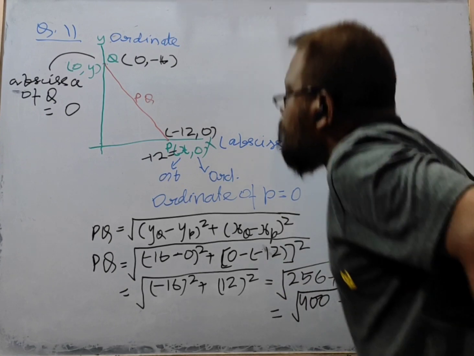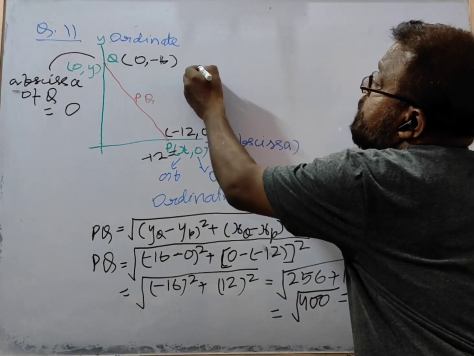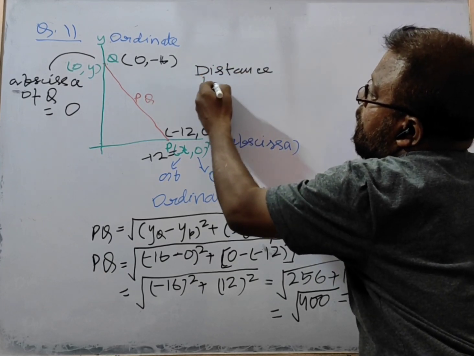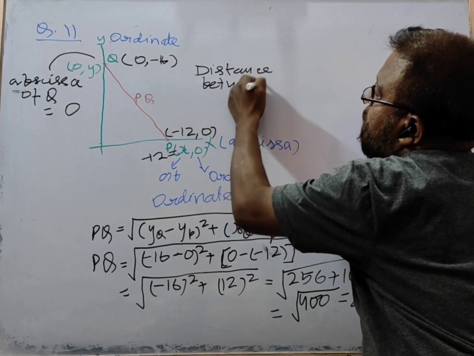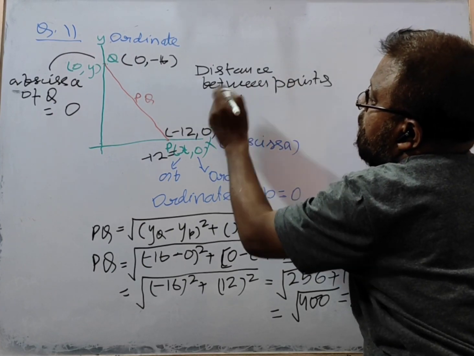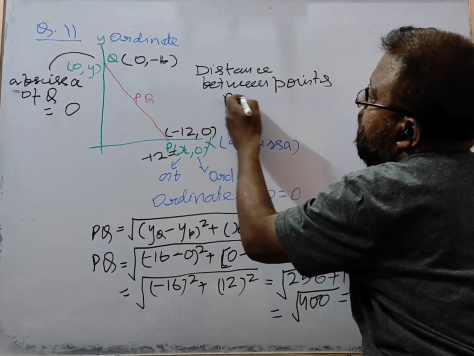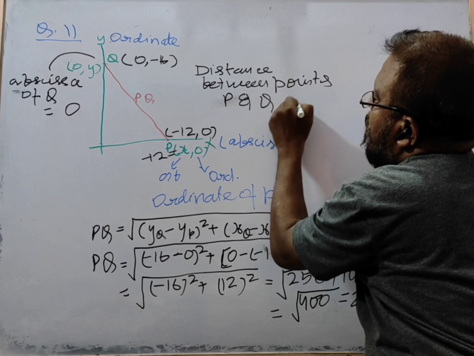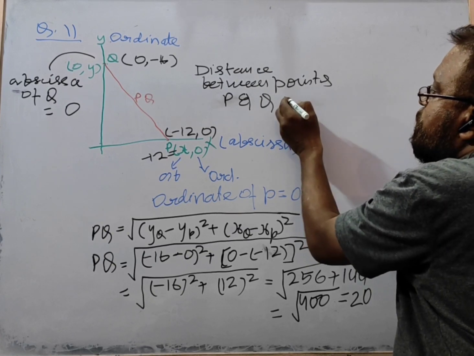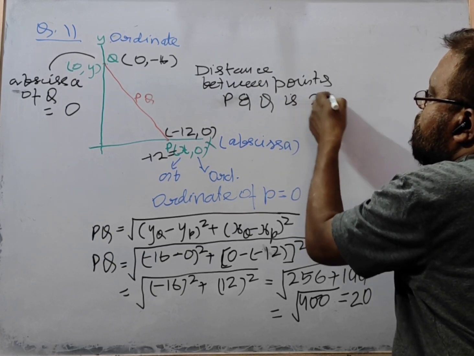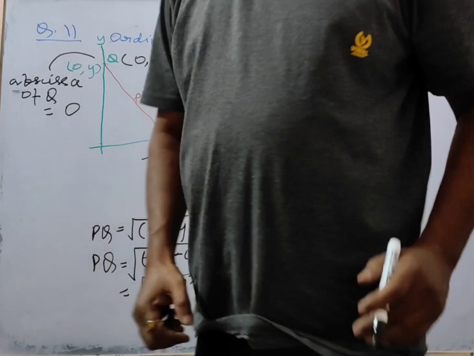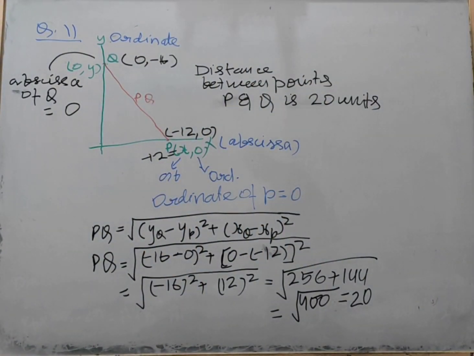So the distance between points P and Q is 20 units. Done, you have done this. Very nice.